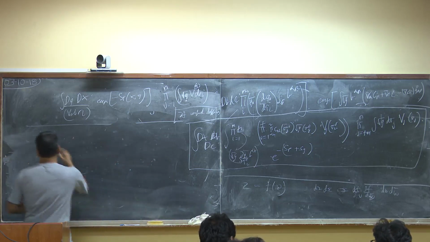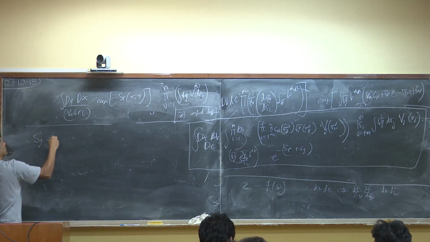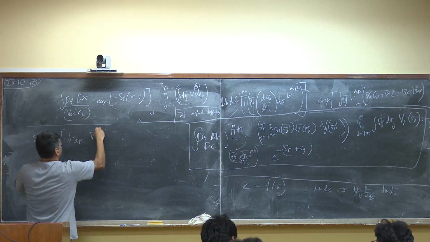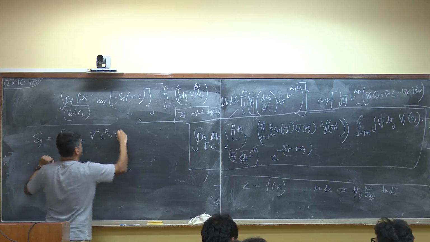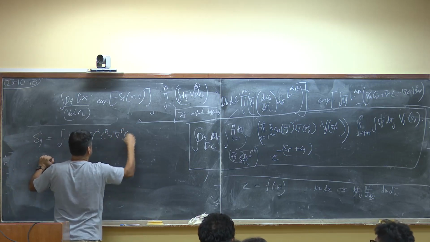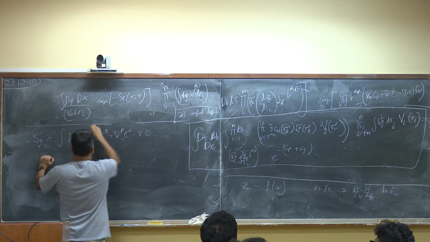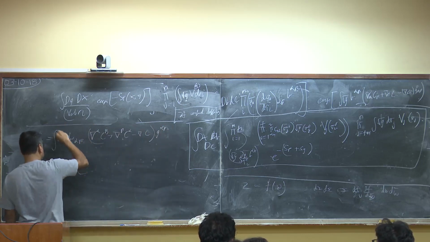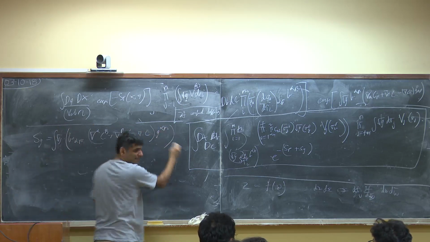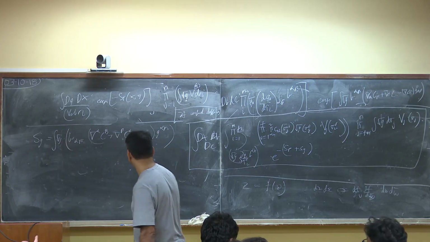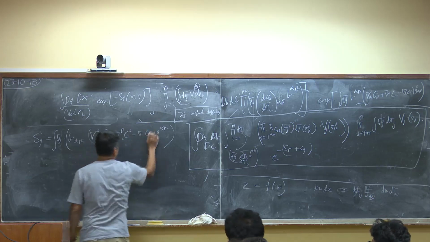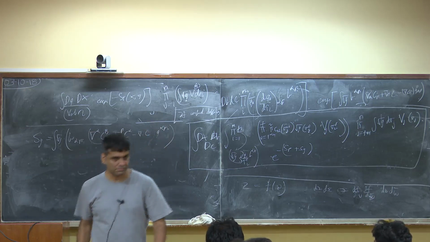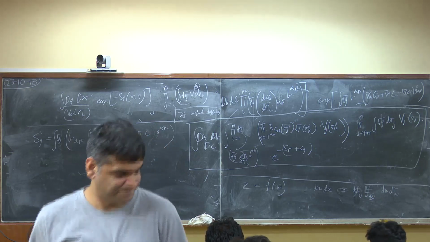So now let us examine the ghost action. L ghost was equal to B alpha beta (del alpha C beta plus del beta C alpha minus del dot C G alpha beta) square root G. This was the ghost action.